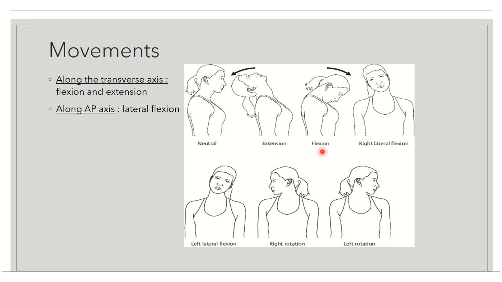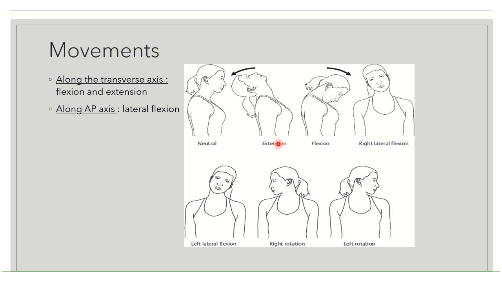So flexion at this joint is brought about by the longus capitis and the rectus capitis anterior muscle, and extension, that is in the backward direction, is brought about by the rectus capitis posterior major and minor muscles, the obliquus capitis superior muscle, the splenius capitis and the upper part of the trapezius muscle. They are involved in the extension.